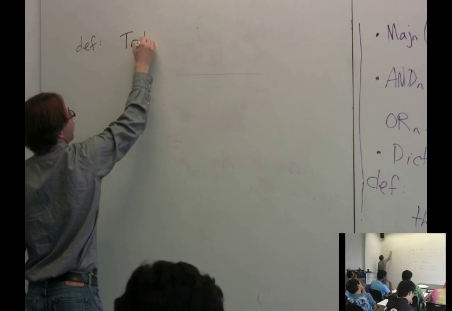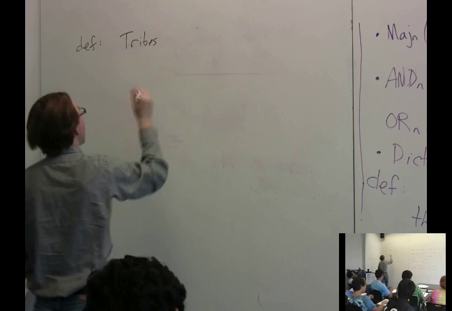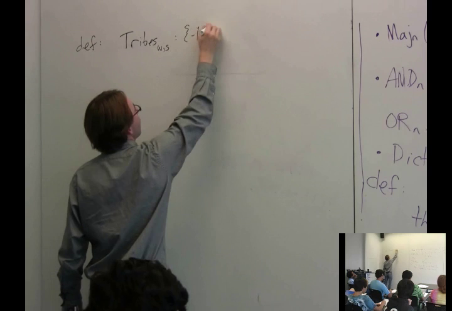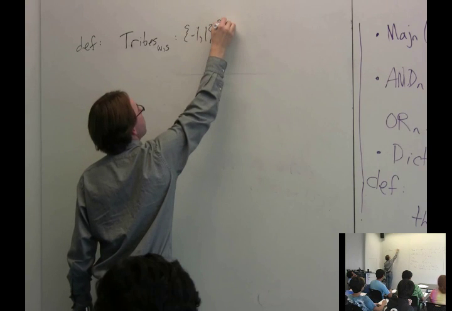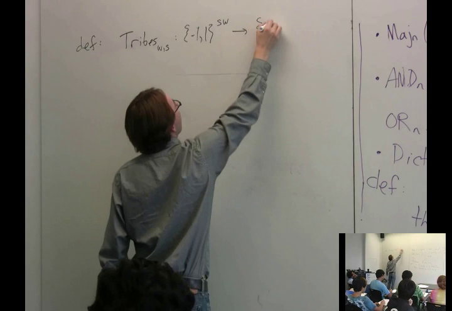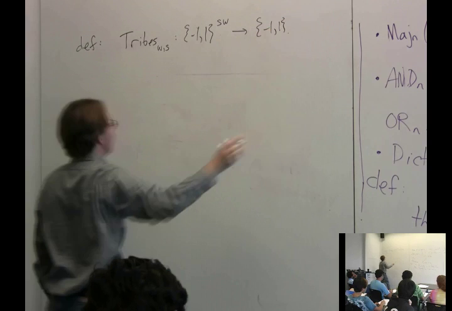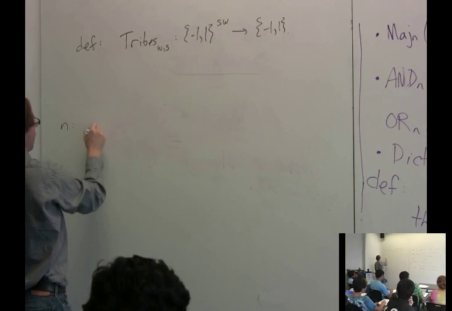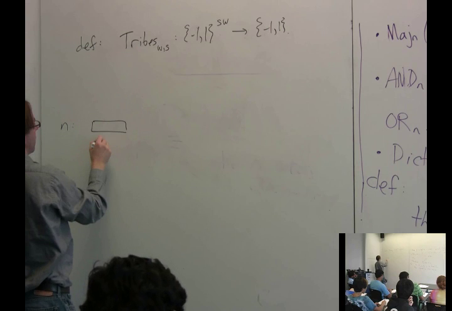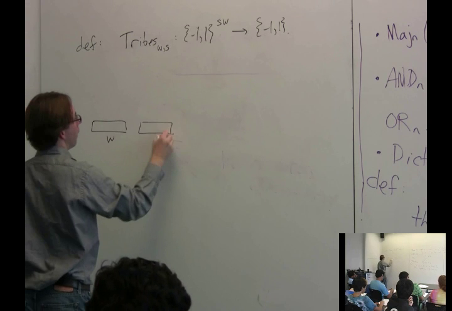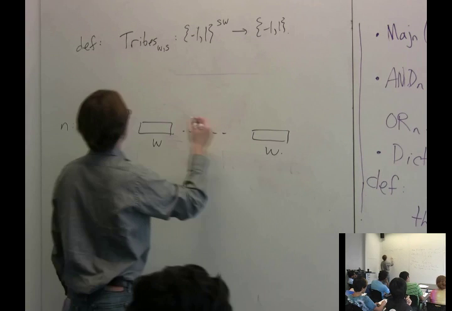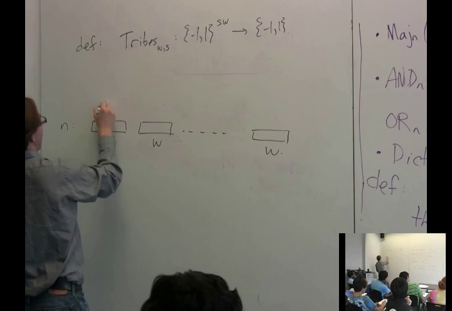It's called the tribes function, and it takes 2 parameters, w and s. And it's defined on w times s many bits. And it's sort of a similar picture. So you break up the n voters into blocks, each of size w. So far, it's similar. And then on each of these, you take an AND.